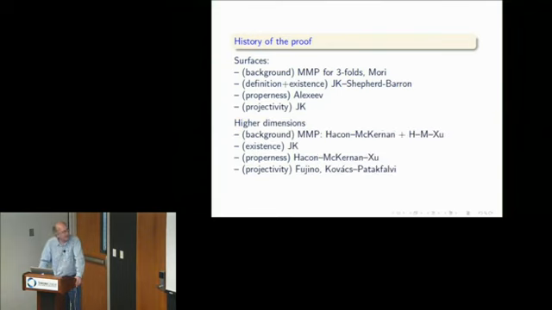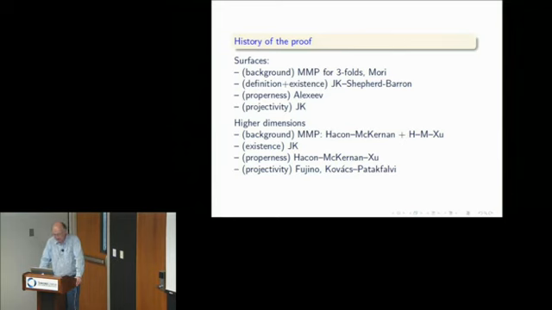In higher dimension, where the background is more complicated, we rely on several results of Hacon-McKernan, and then some more complicated recent results of Hacon, McKernan, and Xu. Then the existence, there are some issues, but it's not too bad.